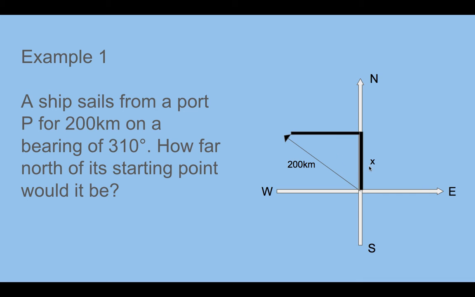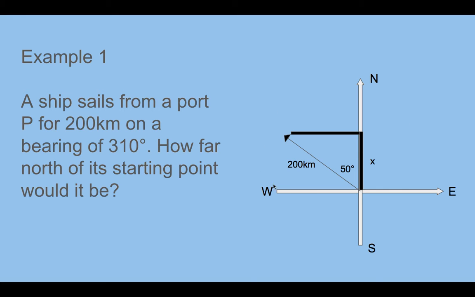And this is the triangle we're going to look at. The question is, how far north of its starting point would it be? Here's the north, it's gone 200 kilometers. It's west of its starting point and north of its starting point, and we're interested in how far north.